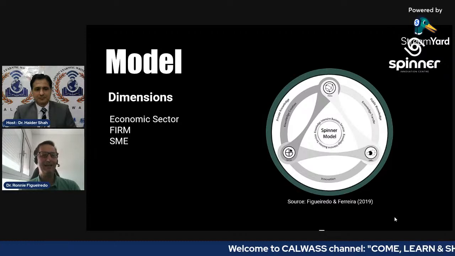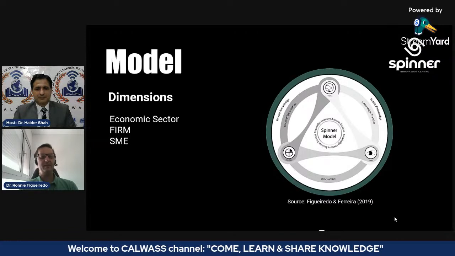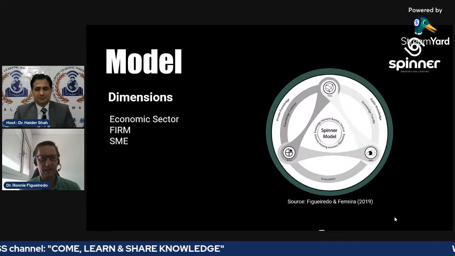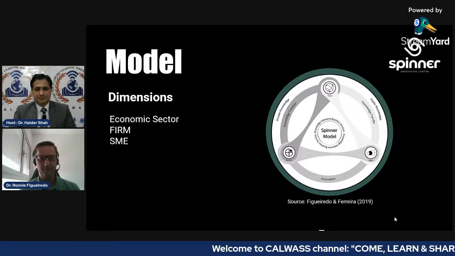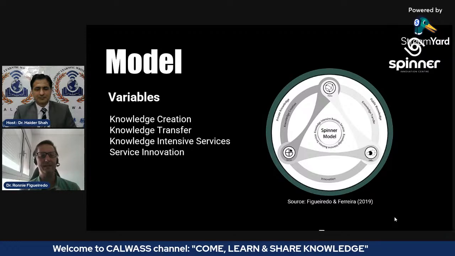Then you analyze the firms: what are the main firms contributing to your region and your economic sector, and then classify whether each is a small or medium enterprise, okay? So I mean that we classify in terms of size.